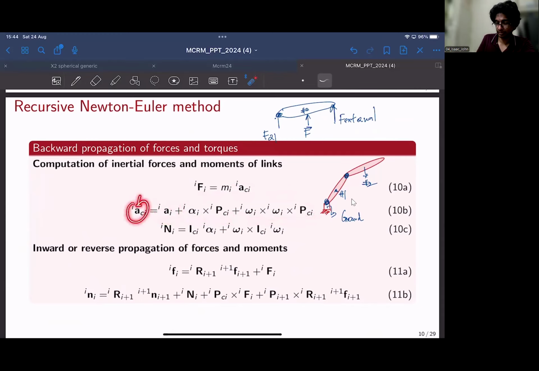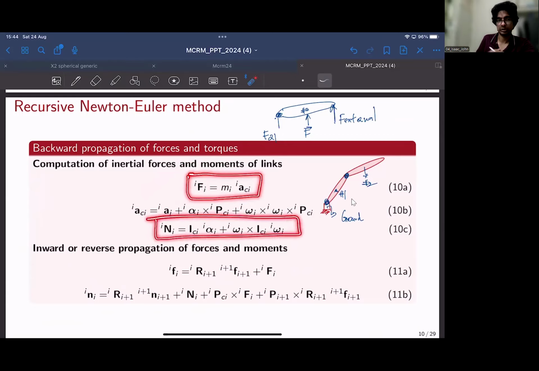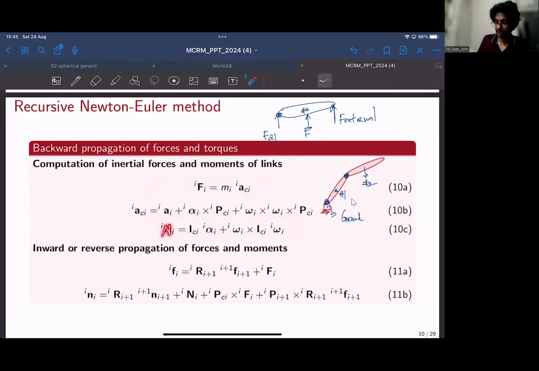Right. So once you obtain this, you substitute it into this, and you can have a recursive estimation of all the forces of all the links. And just like we have this Newton equation, we also have this Euler equation. So the Euler equation, the moment acting about the center of gravity, is I alpha plus omega cross I omega.